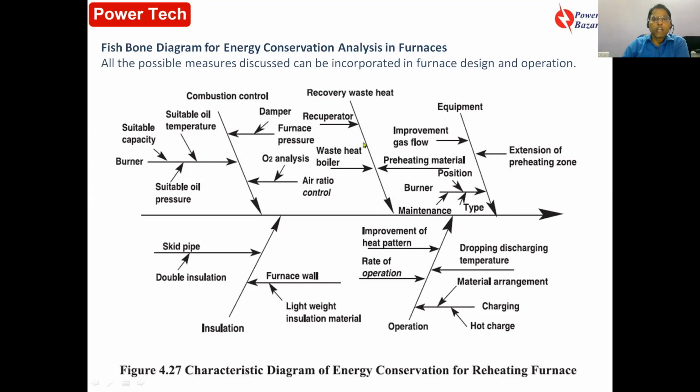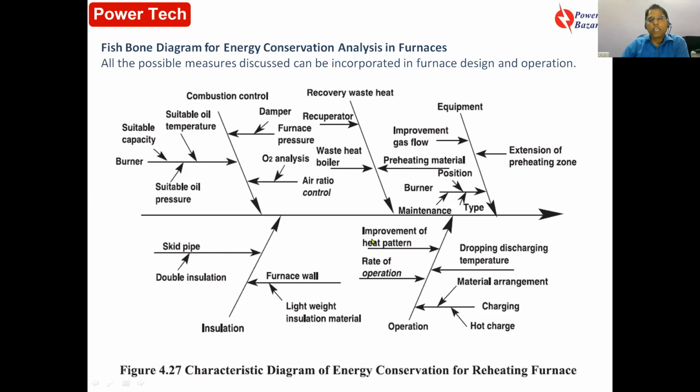For waste heat recovery, recuperator, waste heat boiler, and preheating the materials are the 3 options available. For equipment: improved gas flows, position of the burner, maintenance of the burner, type of burner, or extension of preheating zones. So these are the equipment related energy conservation measures. In insulation: skid pipe double insulation, furnace wall, lightweight insulation material, and ceramic coatings come together.